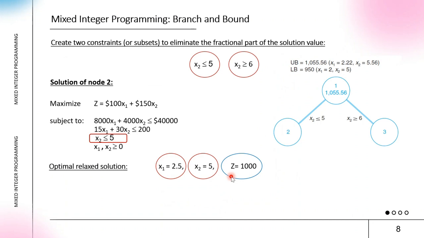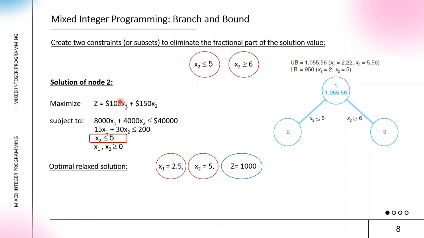Let's explore the first branch or node 2, this node. In node 2, we constrain x2 to be lower than or equal to 5. Here we have to add this new constraint to the relaxed LP form of the optimization problem. This process creates a new relaxed LP form for the optimization problem, as we can see from the left side of the slide.